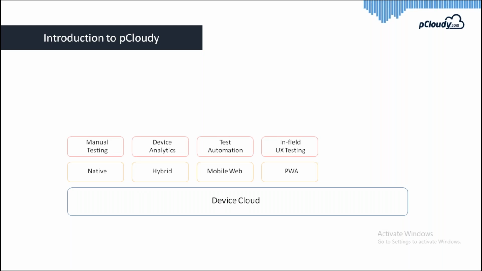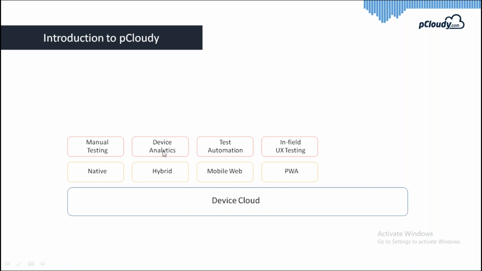The different kinds of testing you can perform on this platform are typically manual testing, device analytics, test automation, and in-field UX testing. When I'm talking about manual testing, it's more about the way you do the testing with the device in hand. In the exact fashion, you can do the testing on pCloudy by remotely accessing the device.